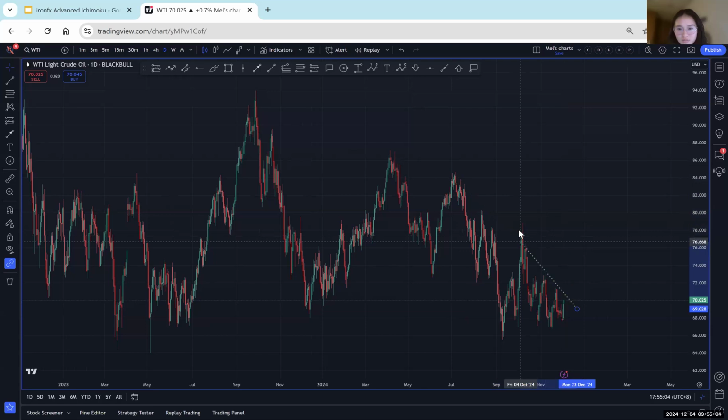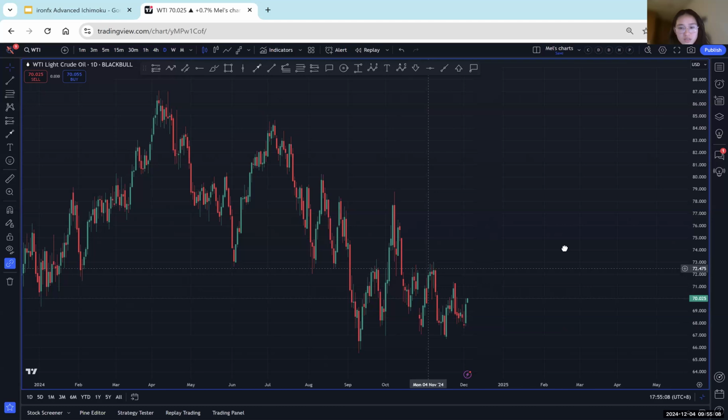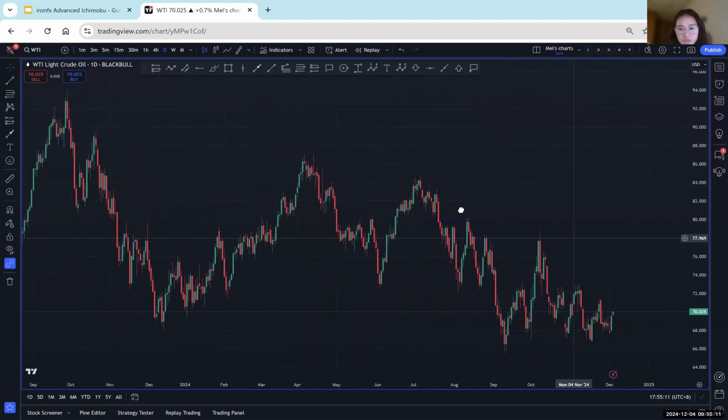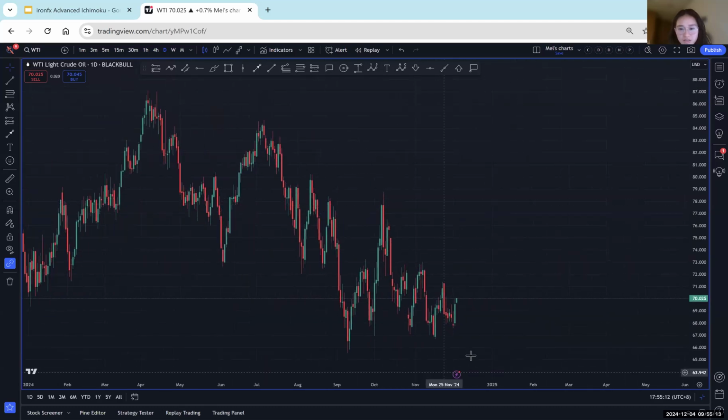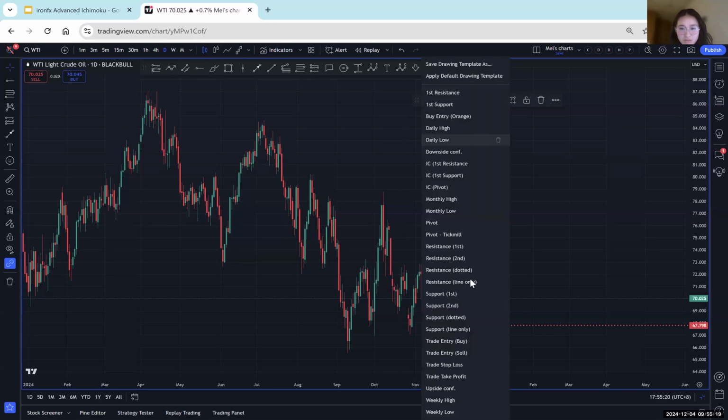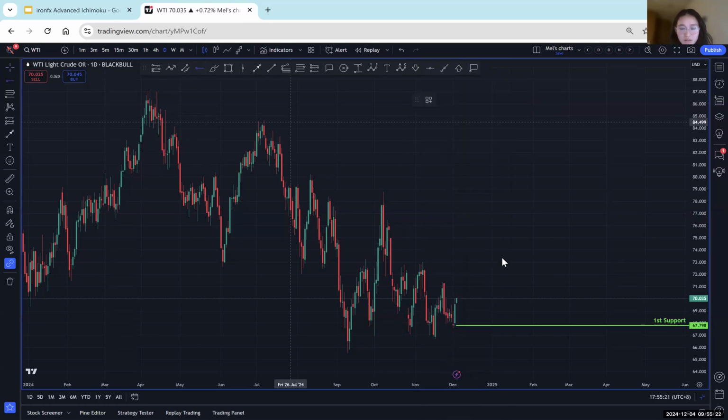Wait, let's see. Yeah, no, so that's not a trend line. Really quickly, because I am running out of time, let's just put our support and resistance levels on our daily time frame.